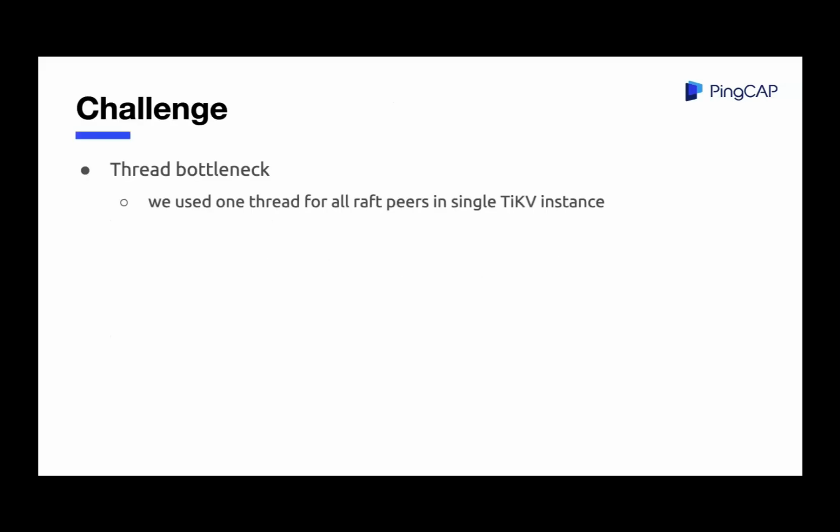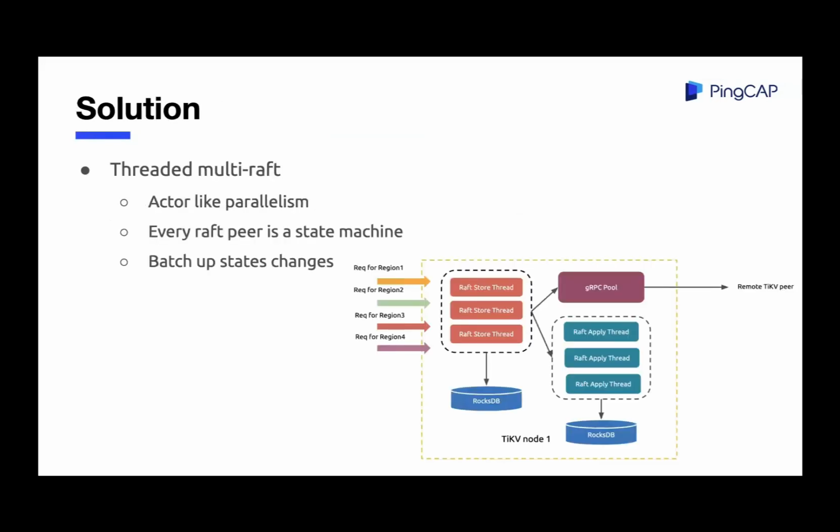We have met our first challenge, the thread bottleneck. As I introduced, we use one thread to handle all the Raft activities within one TiKV instance. So the solution is quite simple: make it more concurrent. Every Raft peer is actually a state machine, so it's very intuitive to build an actor-like concurrency system.